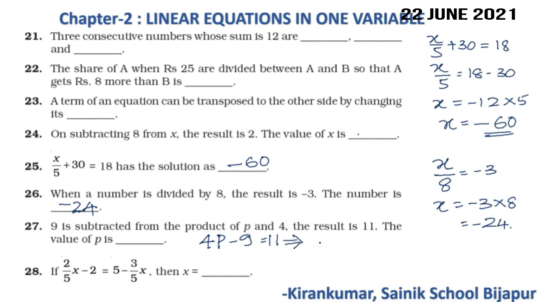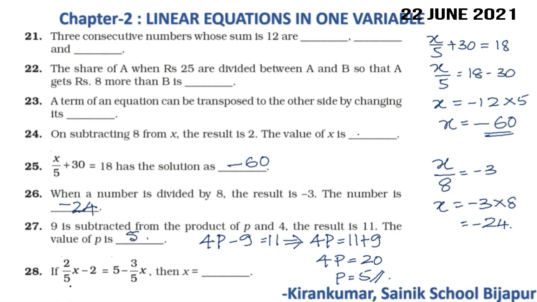This equation is to be solved, so 4 times P will be equal to 11 plus 9. So 4 times P is 20. The value of P is 5.